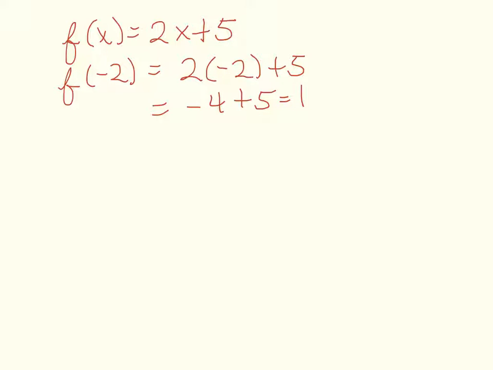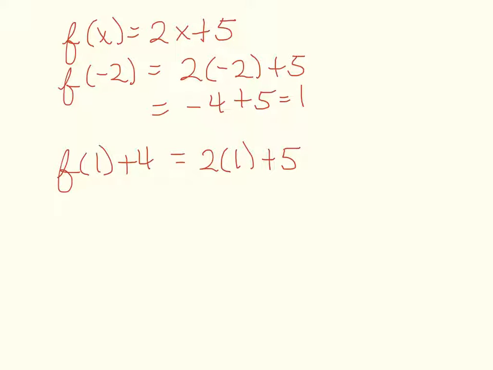Okay, now what if we were asked to find f of 1 plus 4? Well, the first thing that we would do is find f of 1. So in our equation up above, we would put 1 in for x. So 2 times 1 plus 5. That would be f of 1.